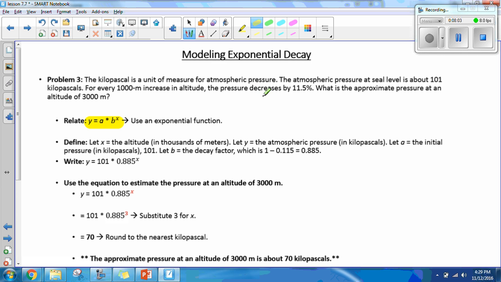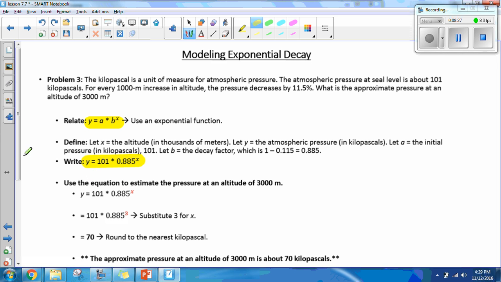Now, the pressure is decreasing by 11.5%, which is 0.115 as a decimal, but we need to subtract that from 1, so our decay factor is 0.885. So our equation is now going to look like y equals 101 times 0.885 to the x power.